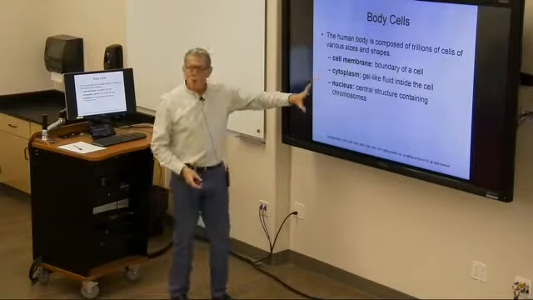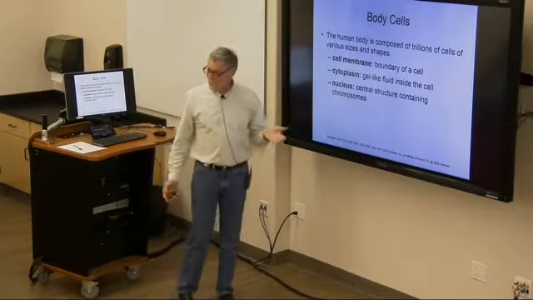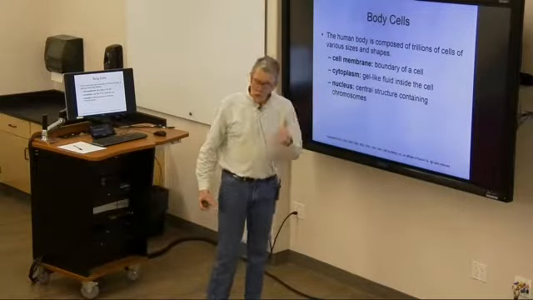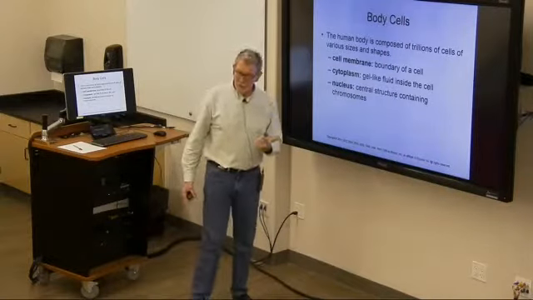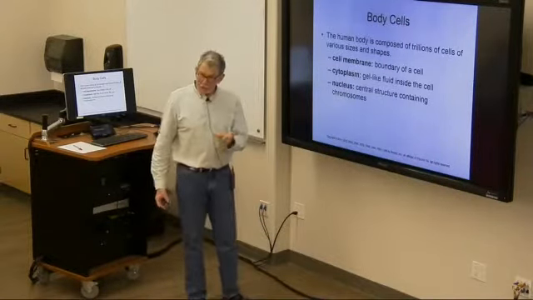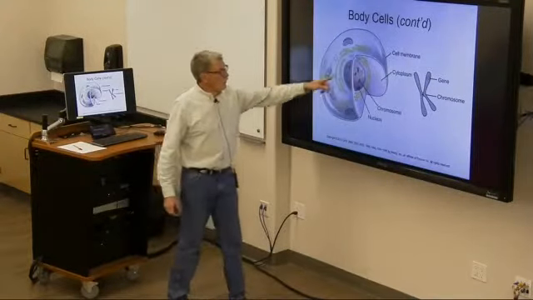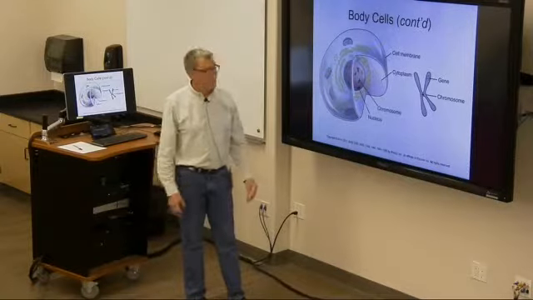So that's the way the cell is set up, and we can have all kinds of diseases and problems that come from chromosomal abnormalities, gene abnormalities, problems with the nucleus itself, or other structures inside the cell. So the cell membrane, the cytosol inside it, or cytoplasm.